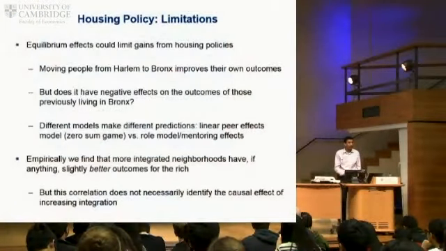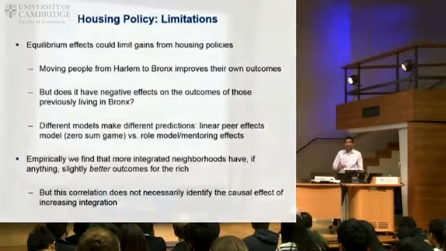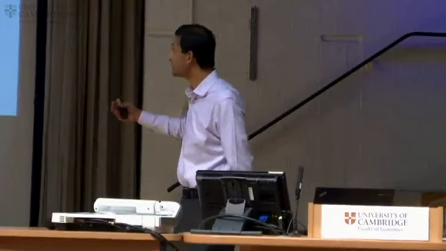Now, one fact that's useful to note is that empirically, in our data, we find that the more integrated neighborhoods, which we know are better for upward mobility, they're better for the low-income kids, if anything, they also have slightly better outcomes for the higher-income people living in those areas. So these areas that are more integrated, like San Francisco or Boston, relative to places like Atlanta or Charlotte, not only are the low-income people doing better there, but the higher-income people are also, if anything, doing somewhat better there.